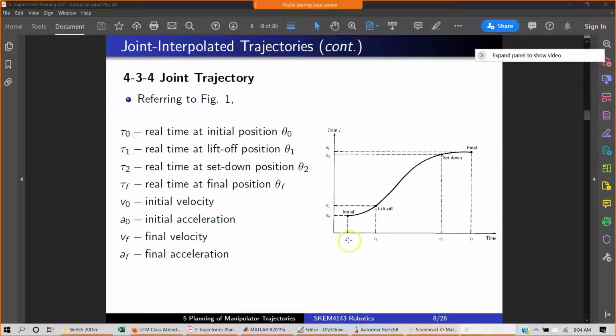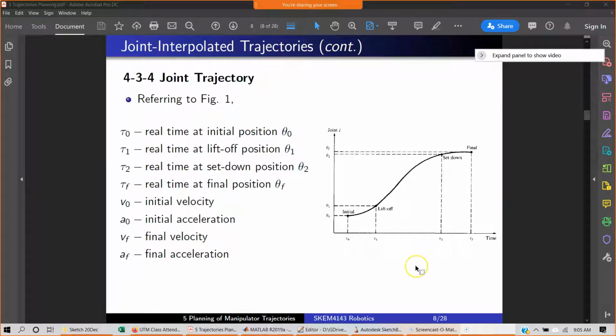So let's talk about the x-axis first. This is the time axis. Tau 0 is the real time at initial position, this is the real time at lift off position, this is the real time at set down position, and this is the real time at final position.